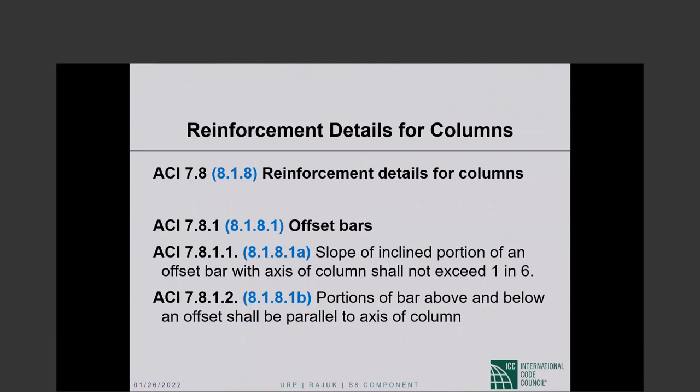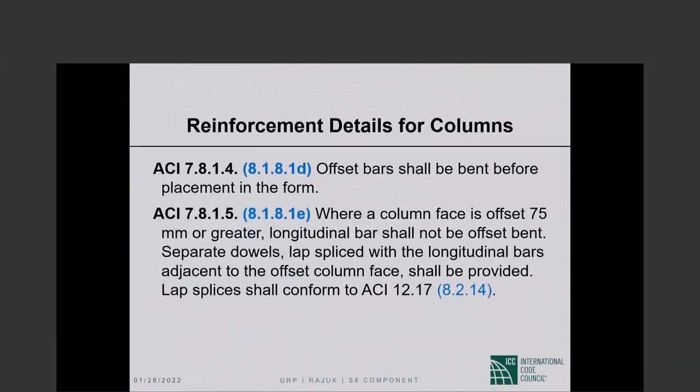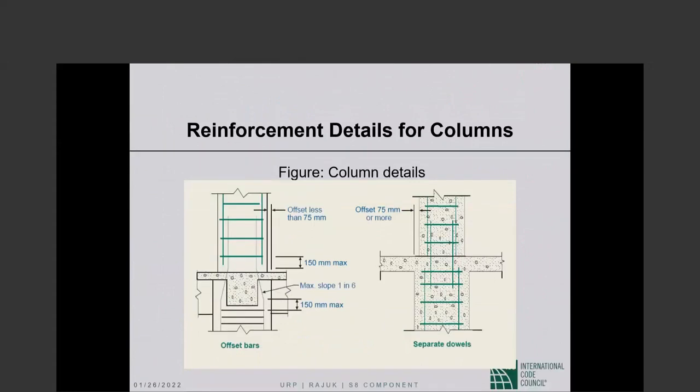Reinforcement details for columns. Okay, important, extremely important stuff. Slope of inclined portion of an offset bar with axis of column shall not exceed 1 in 6. I think the picture may be better. So when we talk about offset bar, the lower column is here, the upper column is there.